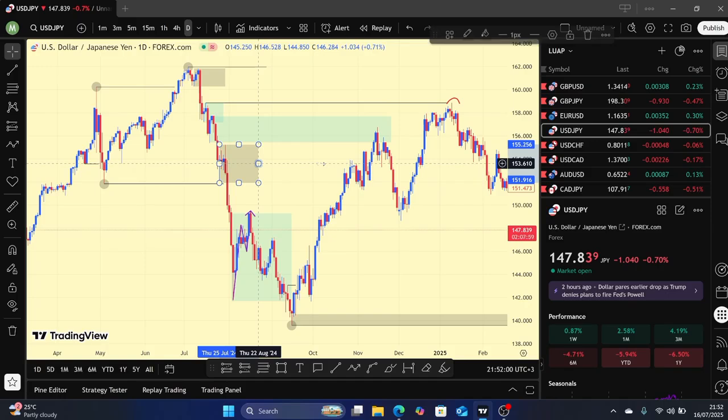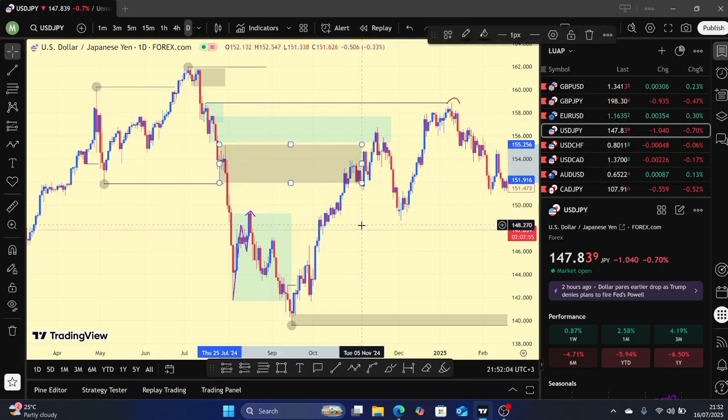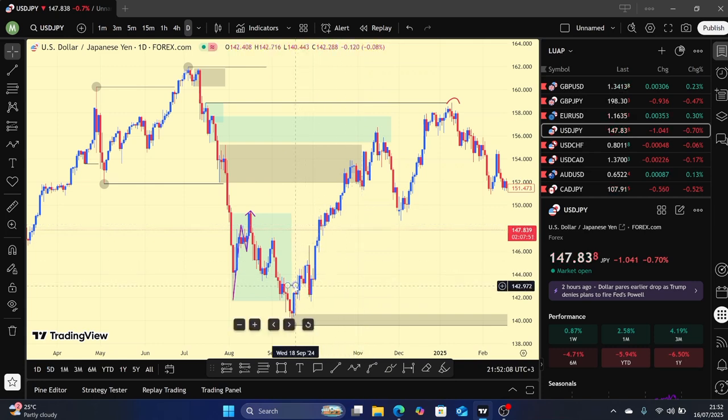You can see this here is unmitigated, and this is now the unmitigated POI, or the unmitigated order flow, that is right after the inducement is taken out, because this here was mitigated and this one here is unmitigated, and it is right after our major inducement. And they say the decisional POI is the one that is right after.